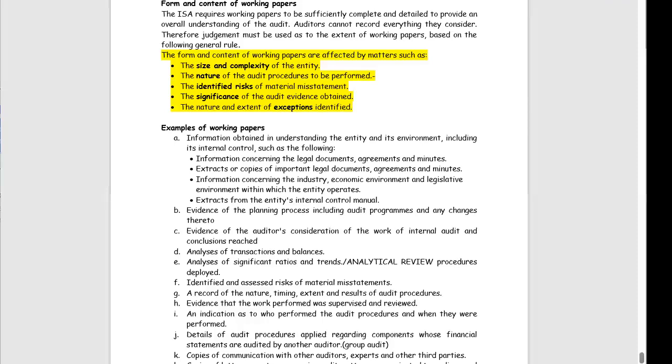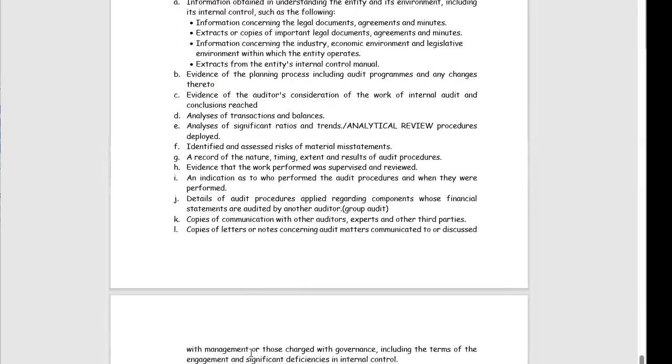Then I, an indication as to who performed the audit procedures and when they were performed. Then J, details of audit procedures applied regarding components whose financial statements are audited by another auditor, in bracket there, group audit. Then K, copies of communication with other auditors, experts, and other third parties.